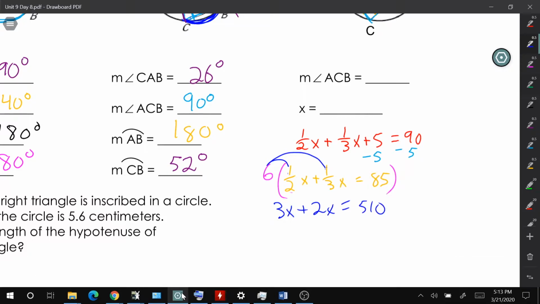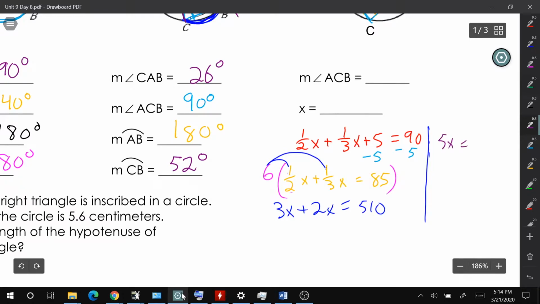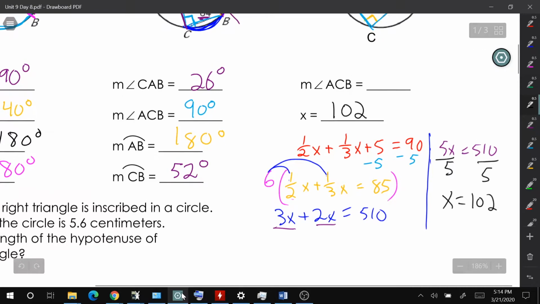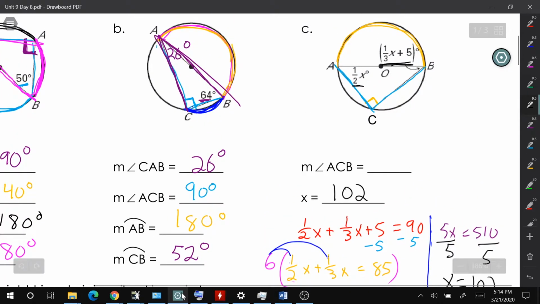And then we will solve that. 5x equals 510. You combine your like terms. Divide both sides by 5, and x will be 102. So x is 102. And then the measure of angle ACB, again, would be 90 degrees.